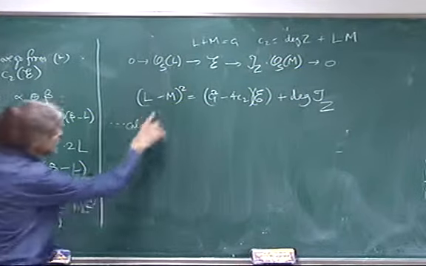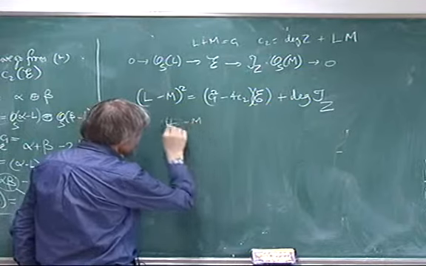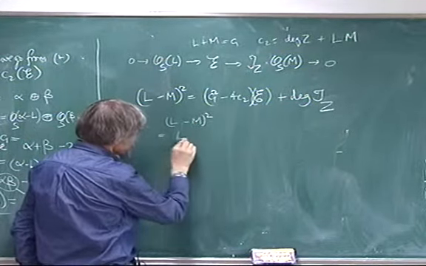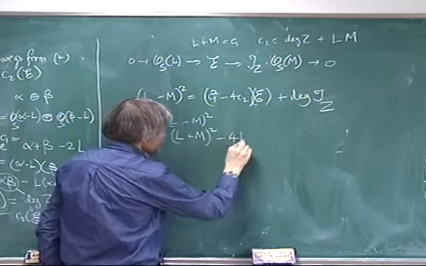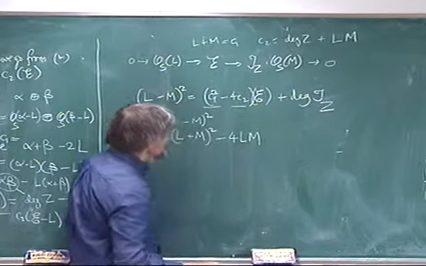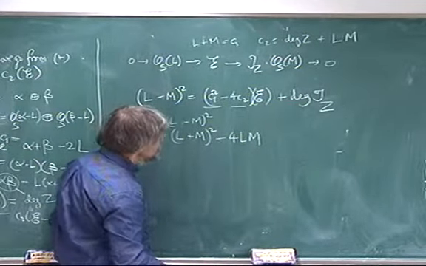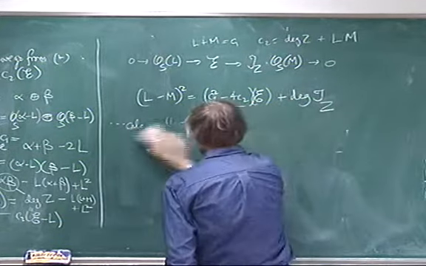If I want to calculate L minus M squared, this is the same thing as L plus M squared minus 4LM, and so these are the terms appearing here. Maybe there should be a 4 there. Anyway, I'm not going to worry about this anymore.